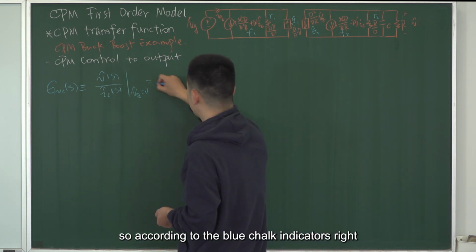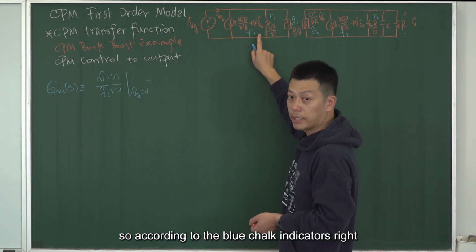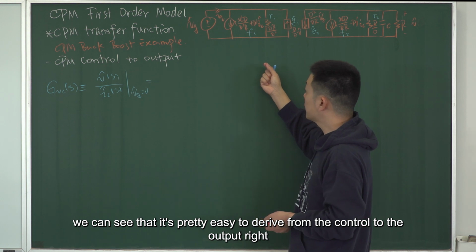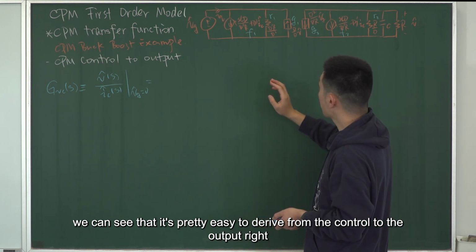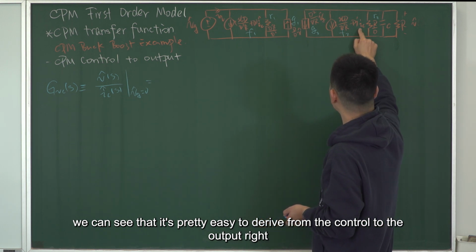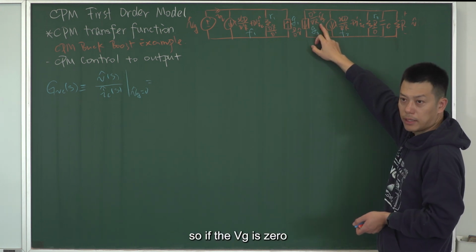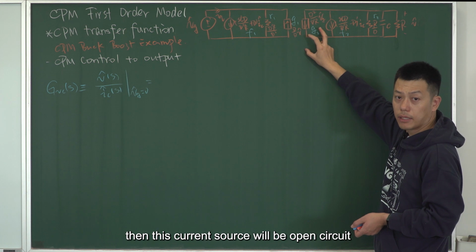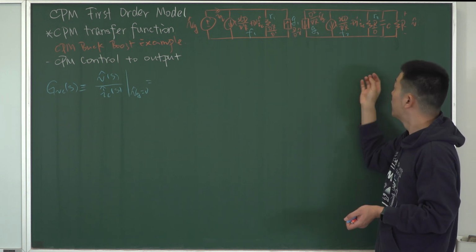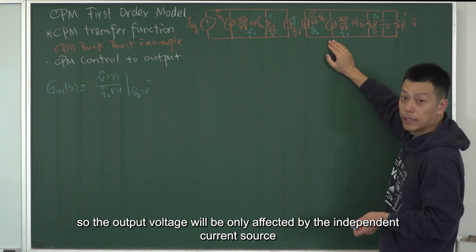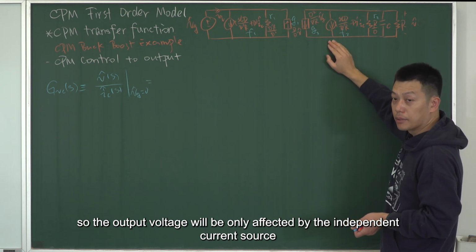According to the blue chalk indicators, it's pretty easy to derive the control to output. If Vg is 0, then this current source will be open circuit. So the output voltage will be only affected by the independent current source.